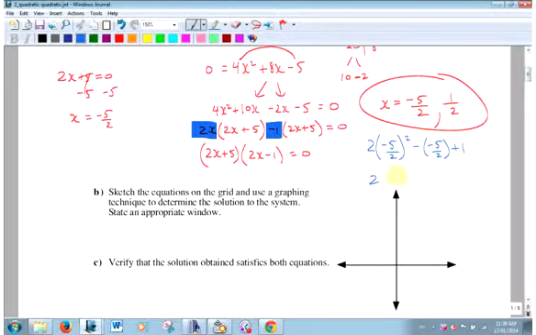So 2 times 25 over 4 plus 5 over 2 plus 1. What's that? 25 over 2 and 5 over 2 and 2 over 2, which is how many things over 2? 32 over 2, which is 16.